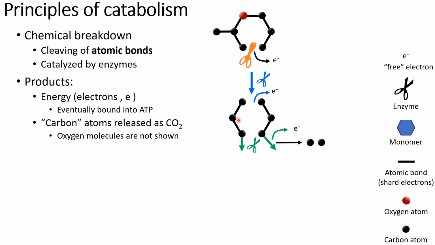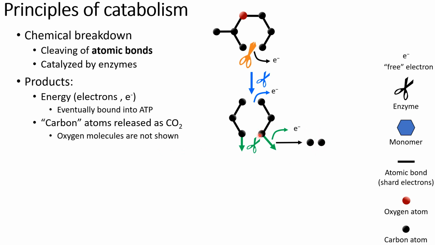As this process continues, more and more enzymes will catalyze additional reactions, releasing more electrons, but also eventually releasing individual carbon atoms. As these carbon atoms are cleaved off, this enzyme is chopping off the carbon atoms at the end. These carbons are released as carbon dioxide, although I'm not showing the oxygen molecules connected here.